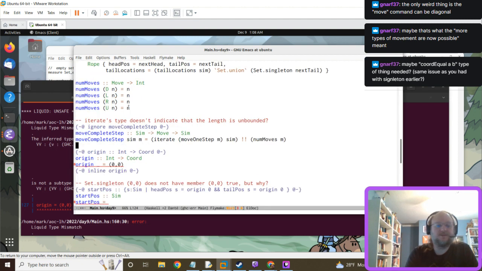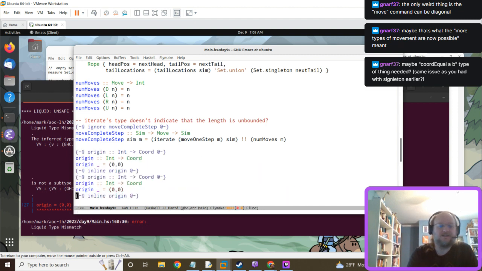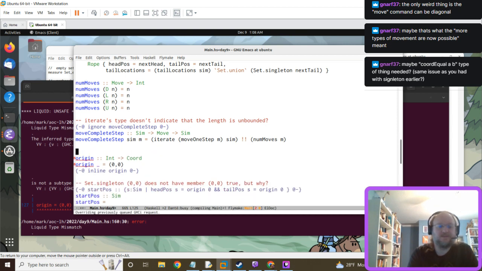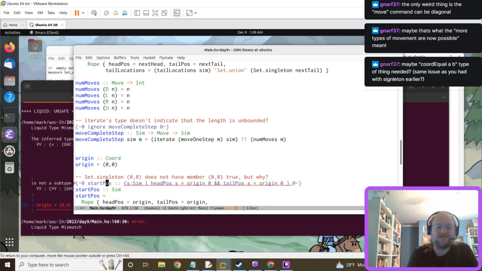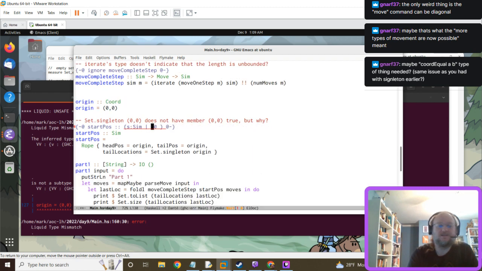All right, let's put this back. I guess having origin not in the specification language was fine. Right, it knows that whatever it is, it's the same everywhere.